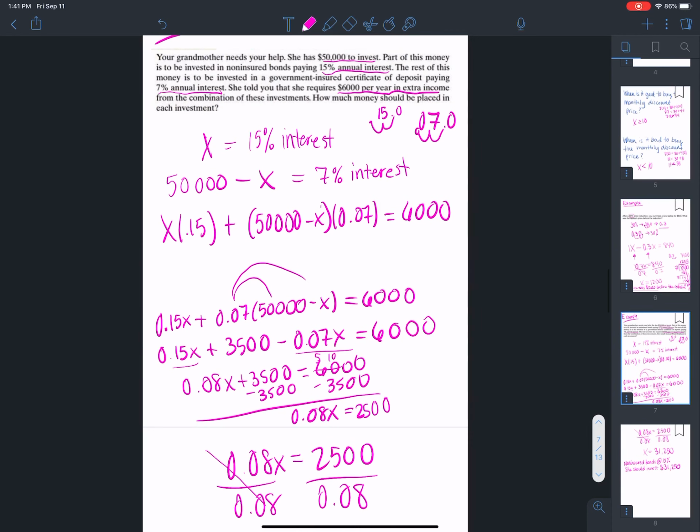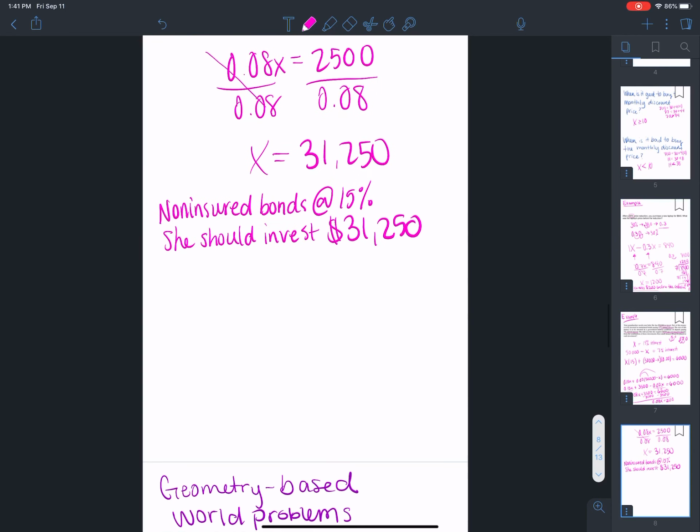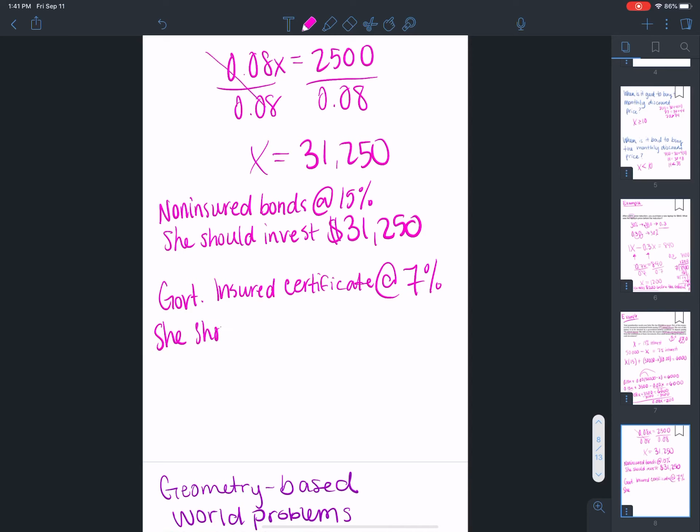And then we have the government insured certificate. She should, at 7%, invest 50,000 minus 31,250.